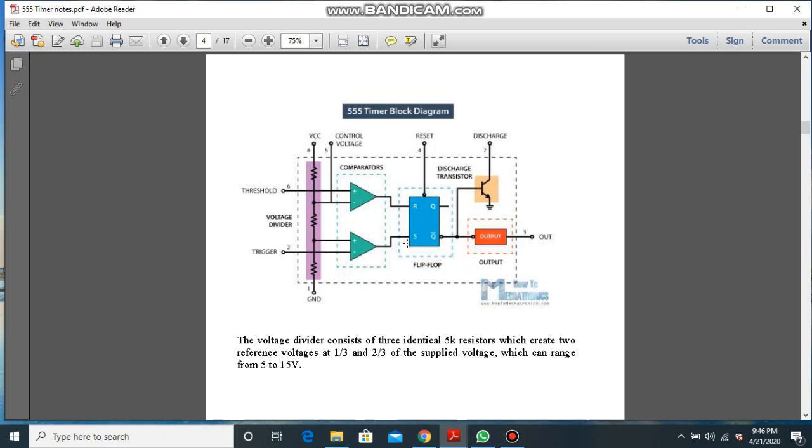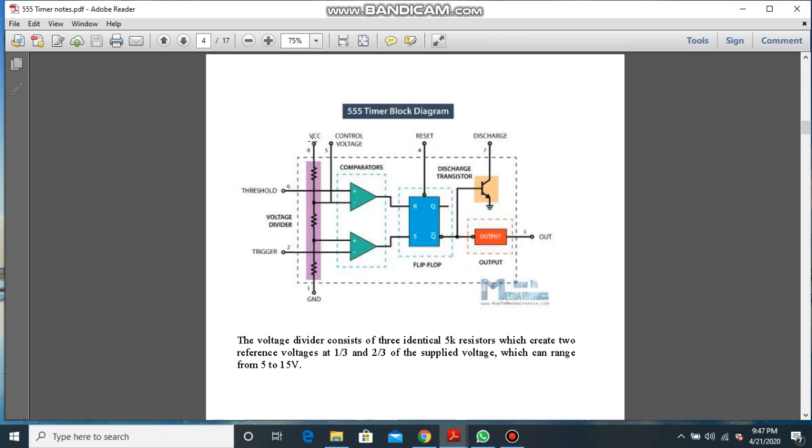It is known as the 555 timer because at the input side we have a voltage divider which consists of 3 identical 5K resistors. These 3 resistors form a voltage divider circuit, and the value of each resistor is 5K, which creates two reference voltages at 1/3 and 2/3.